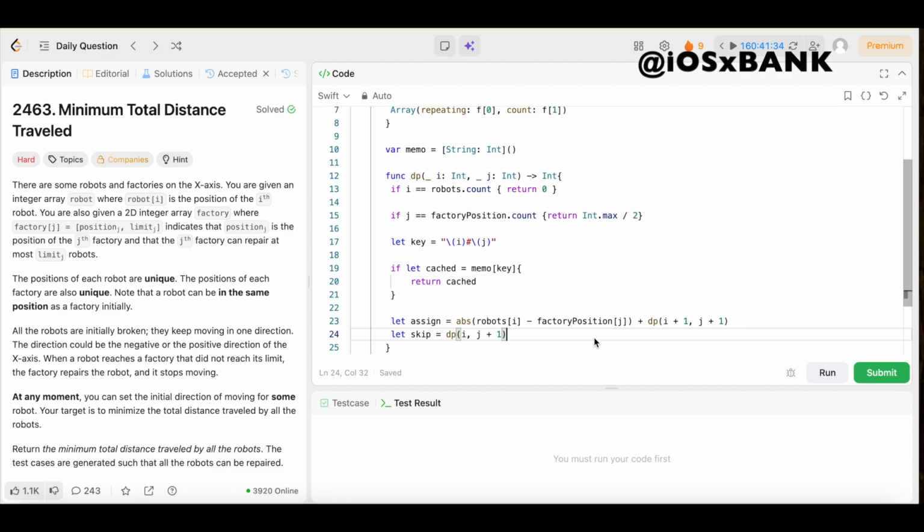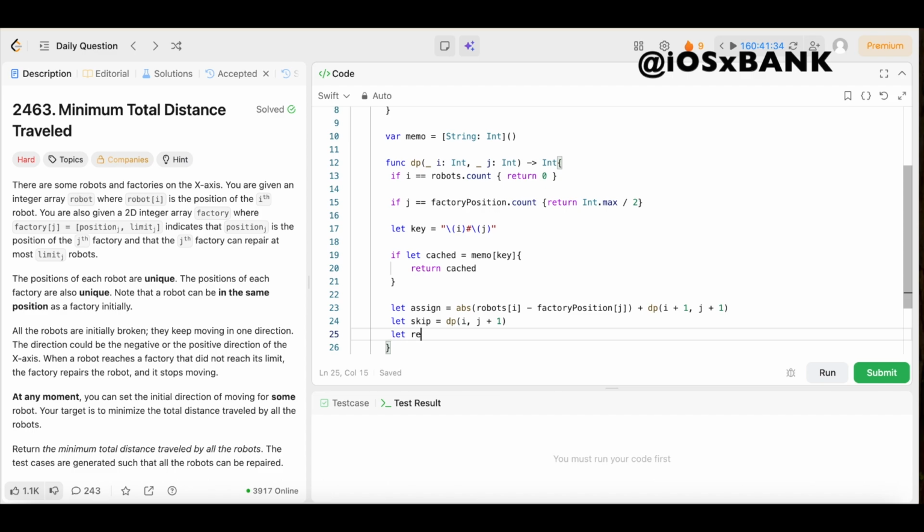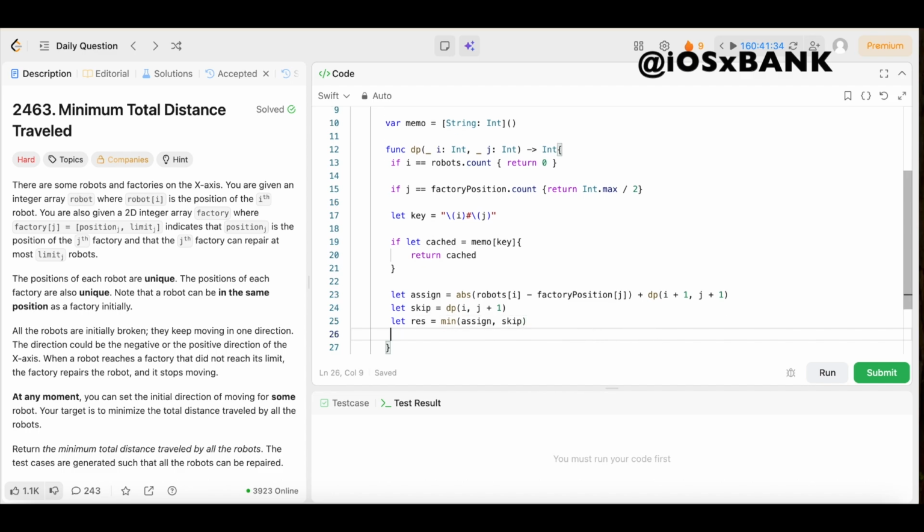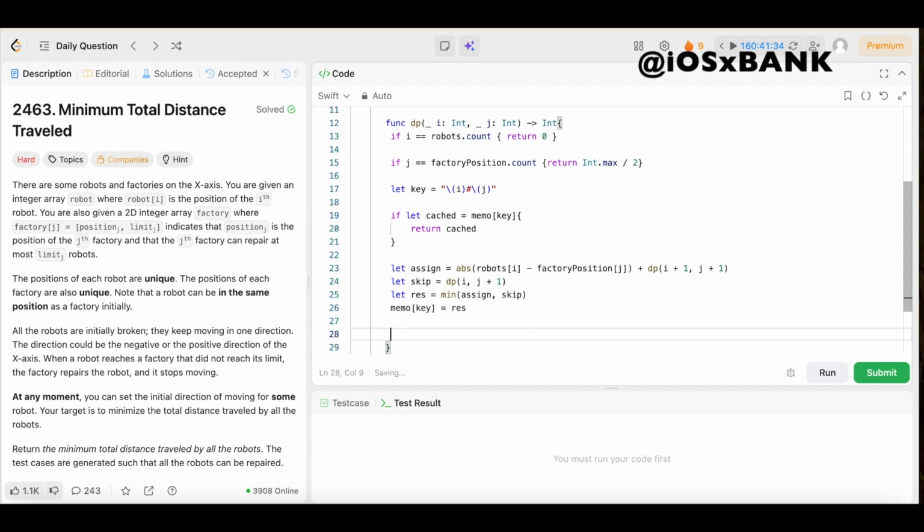We're going to say let res equal min, open up the parentheses, assign, comma, skip. Boom, then we're going to cache the result. We're going to say memo square bracket key, we're going to set that equal to res, come underneath that, and we're going to return res, y'all.